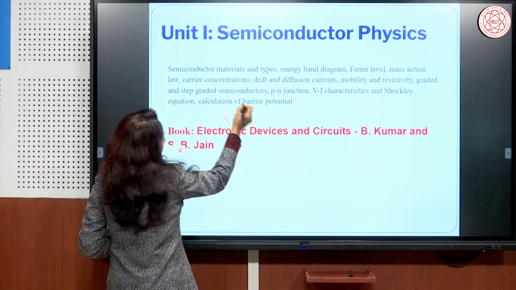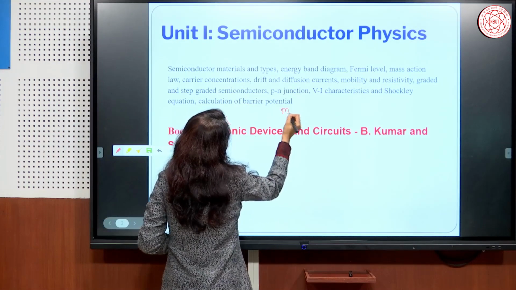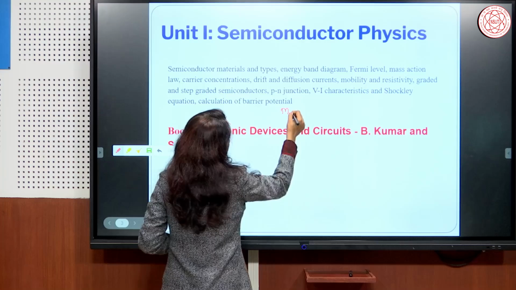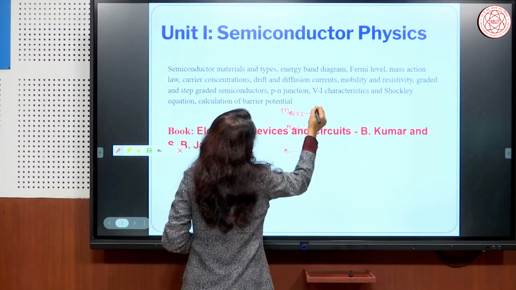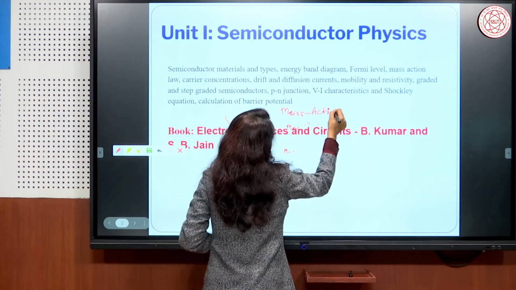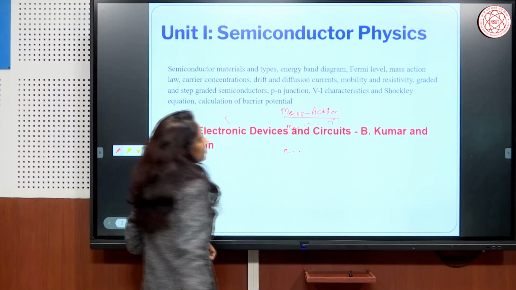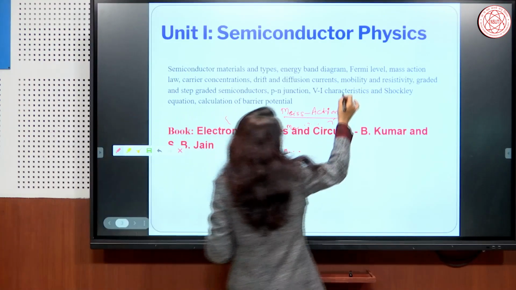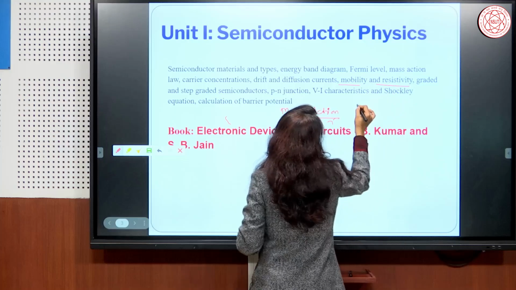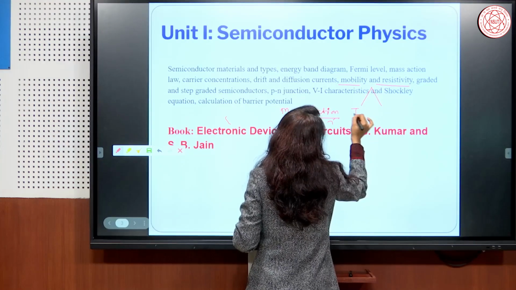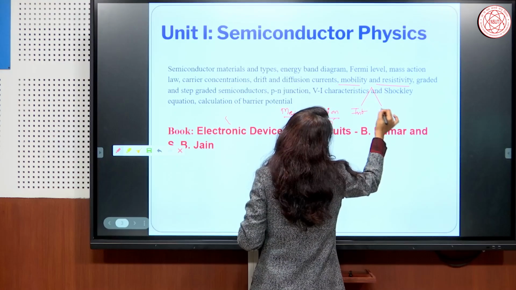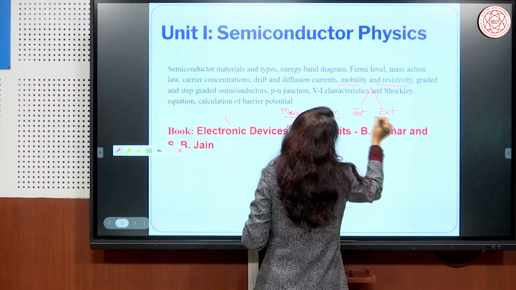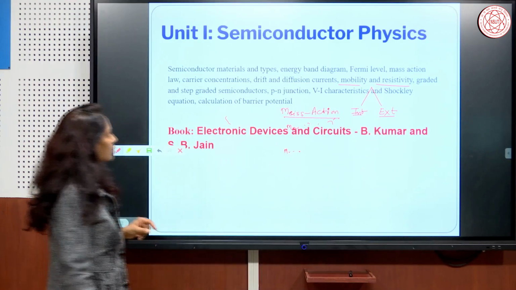So in this you should know about the mass action law, and numericals related to your mass action law as well as your mobility and resistivity for intrinsic as well as extrinsic semiconductors. So this you have to cover.